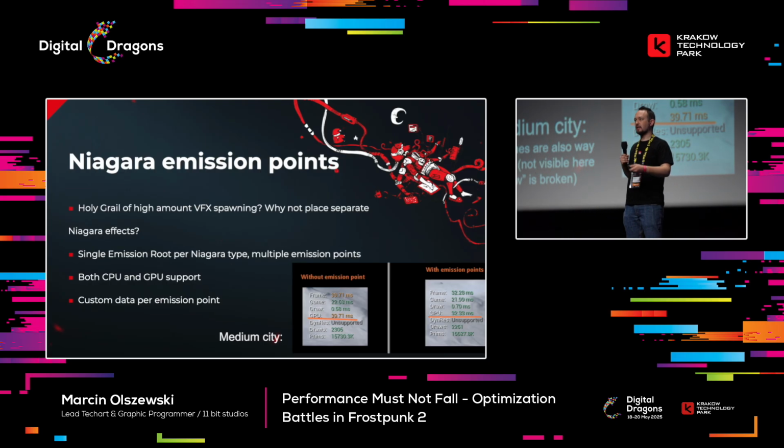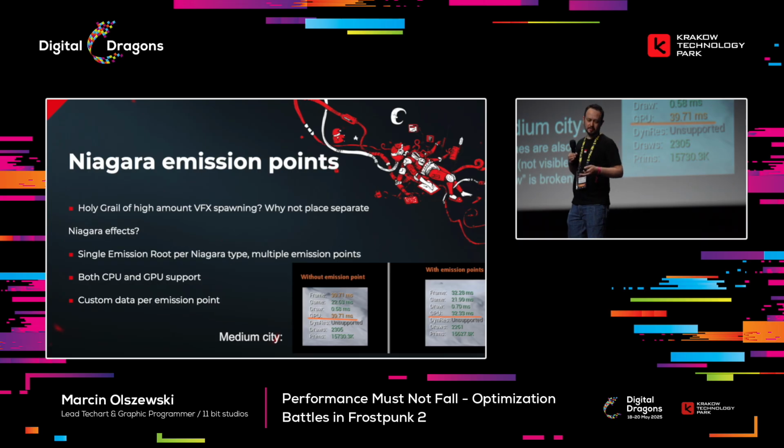And this emission route takes emission points from this area and transfers the data to the Niagara system. It's probably quite simple code, to be honest, but you need to do some multithreading to make it work fast.